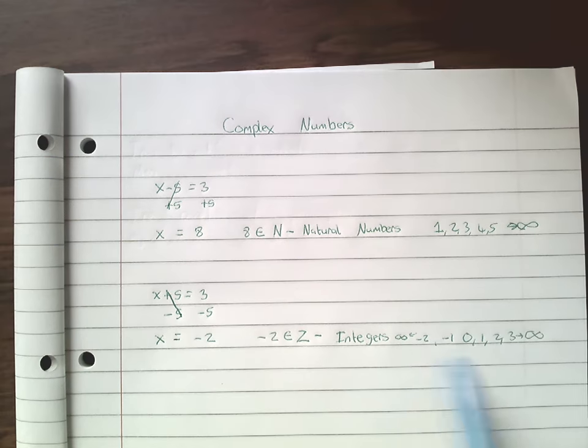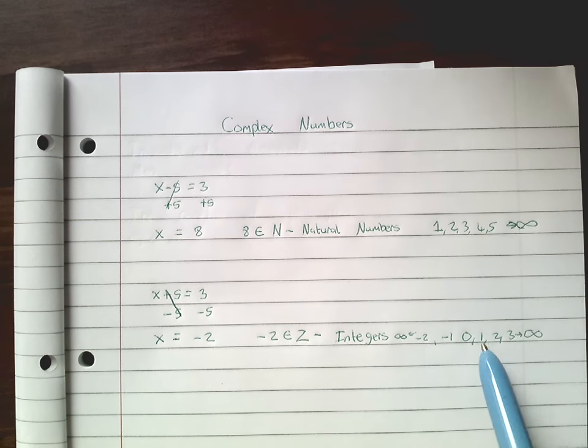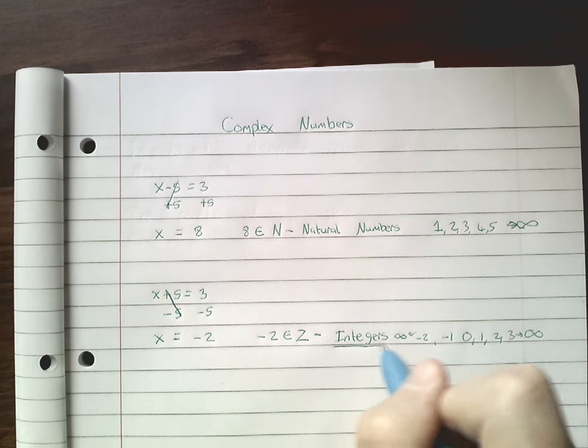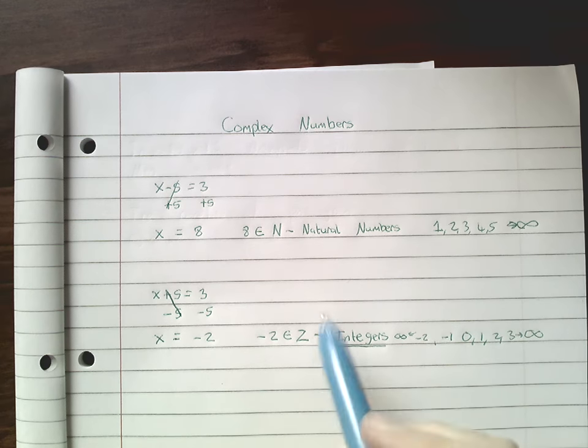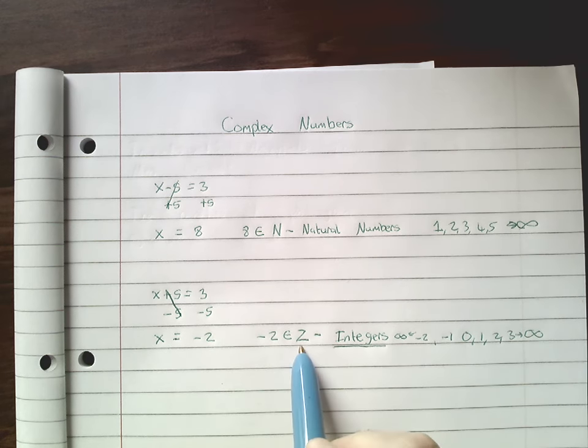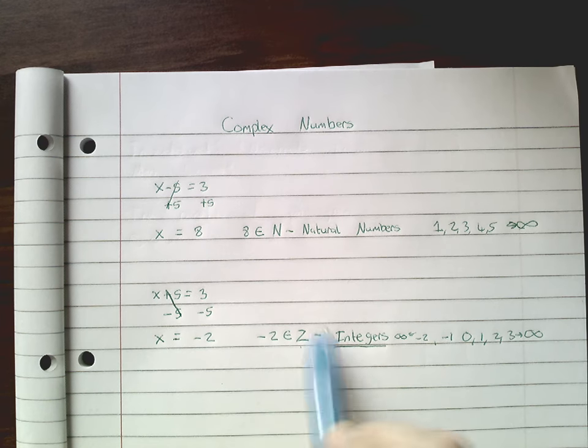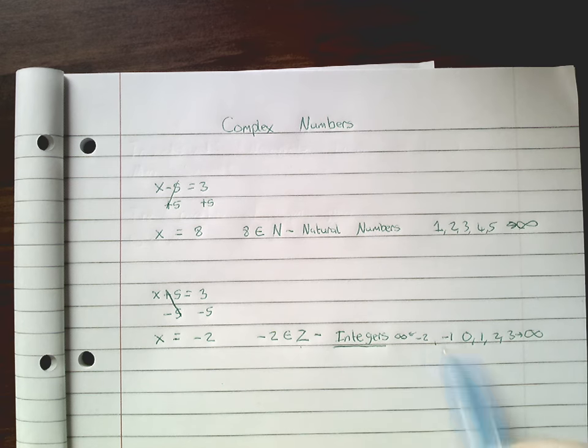So these, positive and negative whole numbers, are what are called integers. And again, they're part of the number system, and they're denoted by this letter Z. So this just means that minus 2 is an element of Z, and Z represents the set of numbers which we call integers.